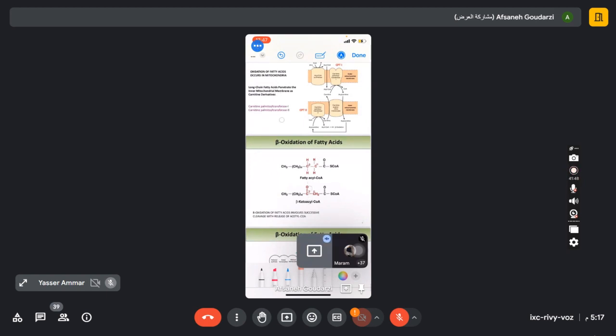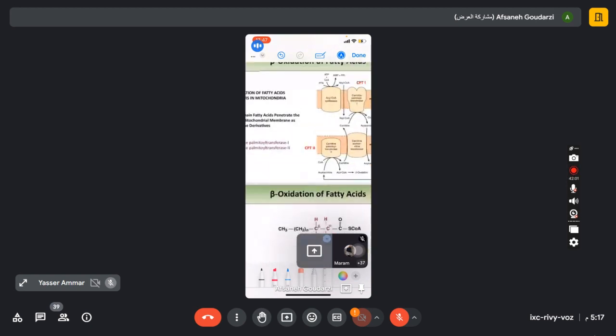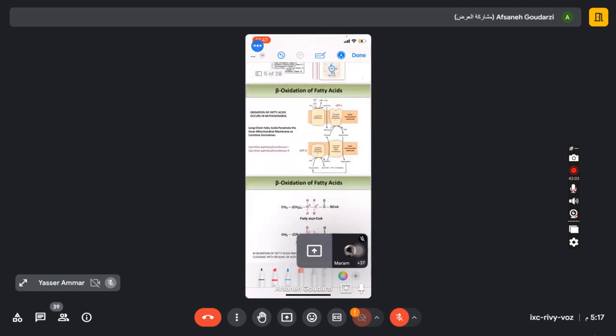Now let's see how the beta oxidation occurs in the cell. The first important thing is to know the location of beta oxidation. For example, regarding glycolysis, I told you glycolysis occurs in the cytoplasm of the cell.